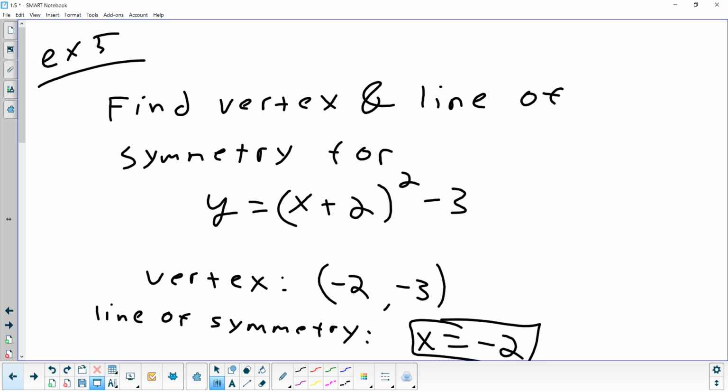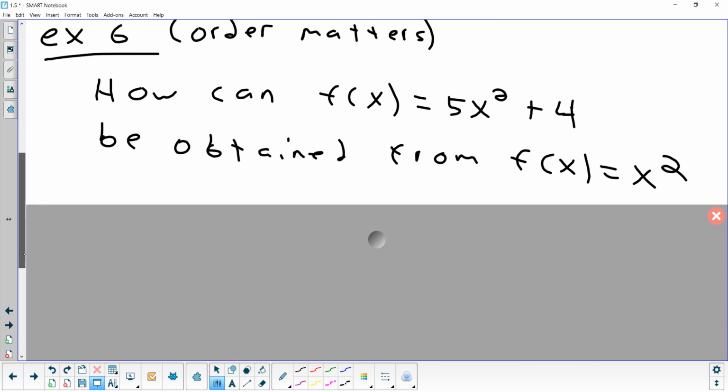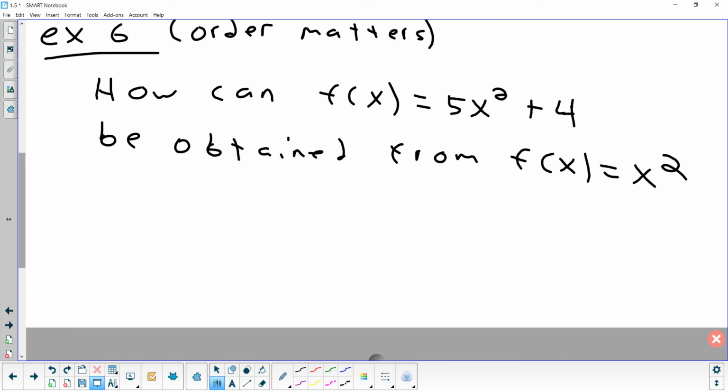All right. So let's look at this one. This one has multiple transformations, and the order that we name them is important. So, what number would we focus on first? You don't have to even tell me what it does yet. Yeah, John? +4.